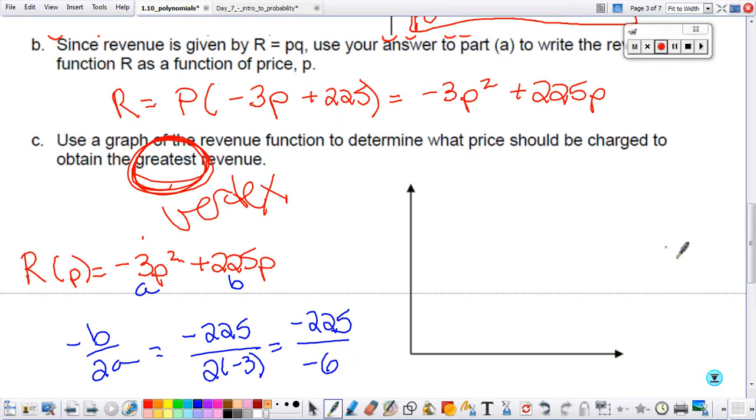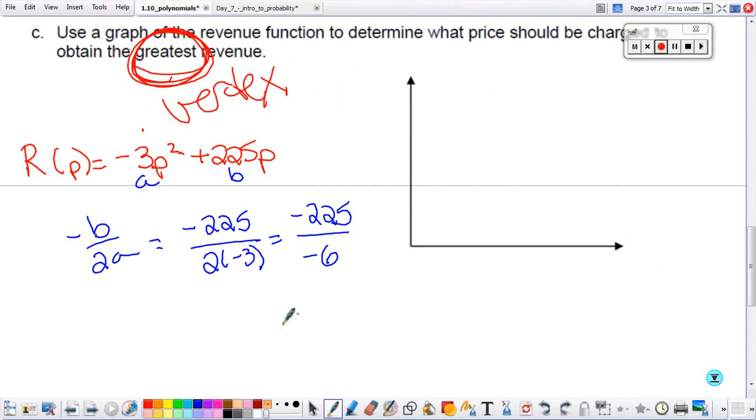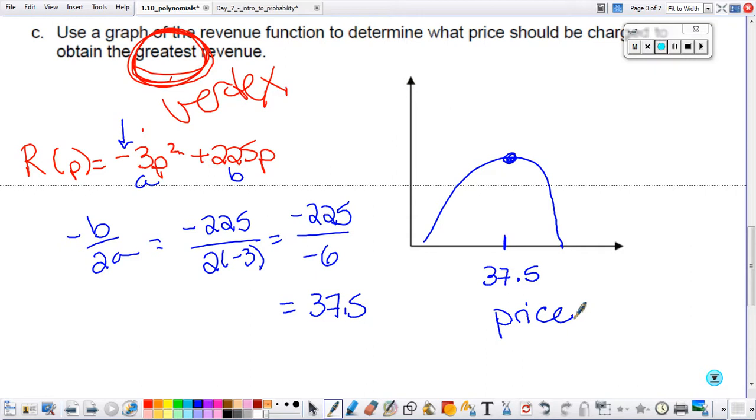Is positive 37.5. So if I have a general sketch of my upside down parabola, the vertex, or the maximum here, the x value is 37.5, and that is price.